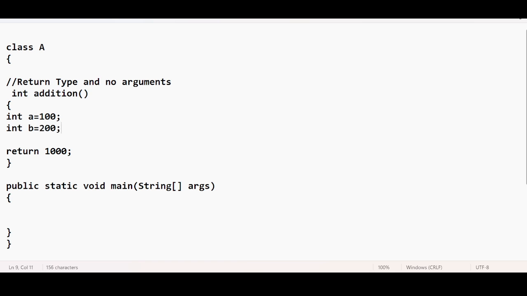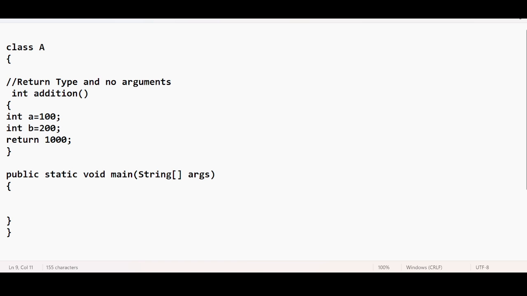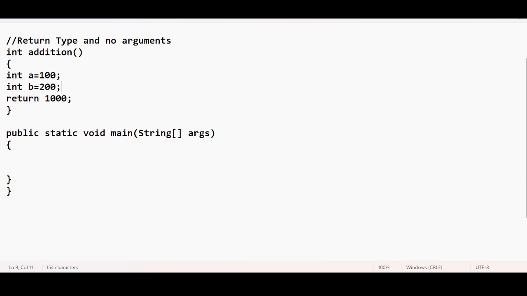We are losing some flexibility here. In our previous example we had much flexibility and reusability, but it is okay. This is also a good method. All the future methods are going to be return type methods.